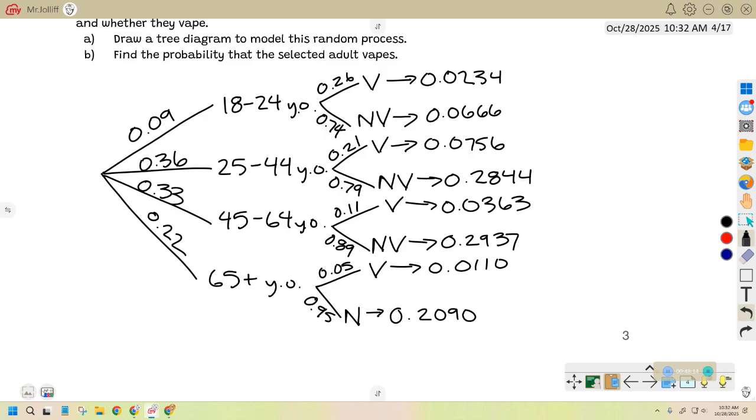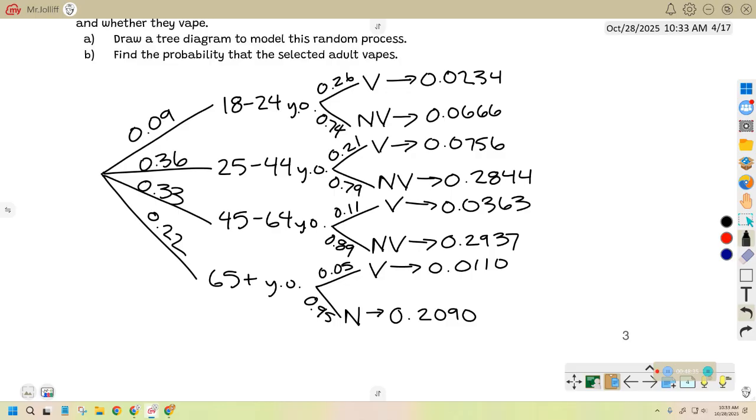So those are the numbers I got when I multiplied down each branch. And while you are copying that down, a couple patterns to notice about the table. We'll finish this example when I see you tomorrow. At each stage of the process, the probabilities along the branches should add to what? 1.